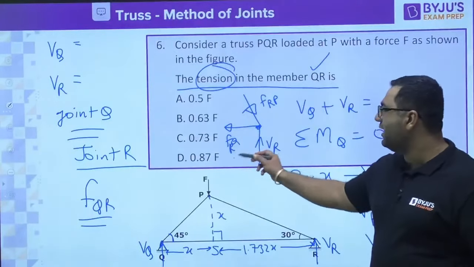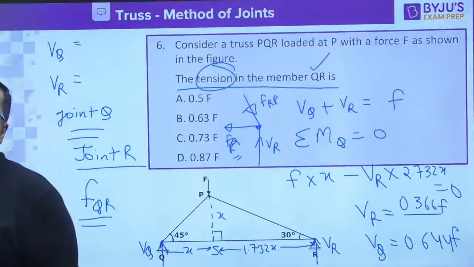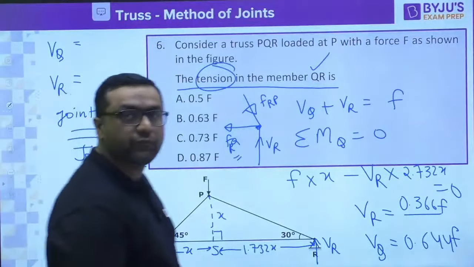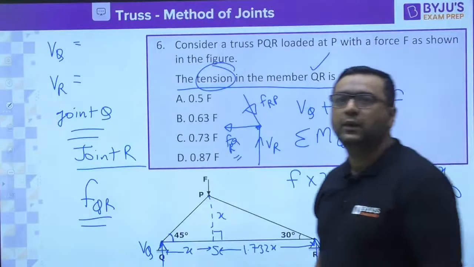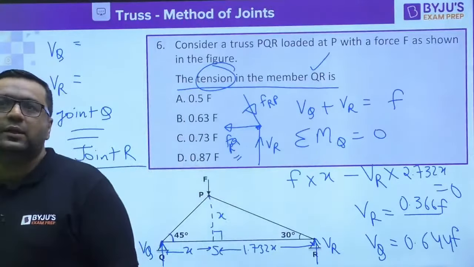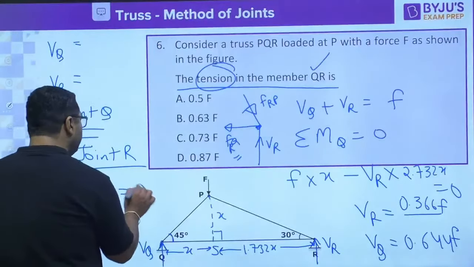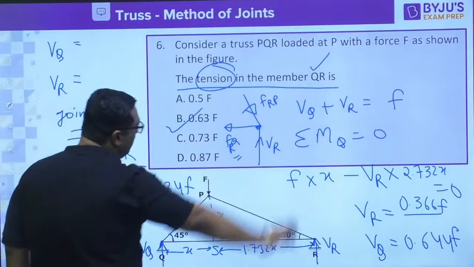From that you can find out FQR. What would be the answer, guys? Very good, Sandeep. So the answer is coming out to be 0.634 F. The answer is B for this.